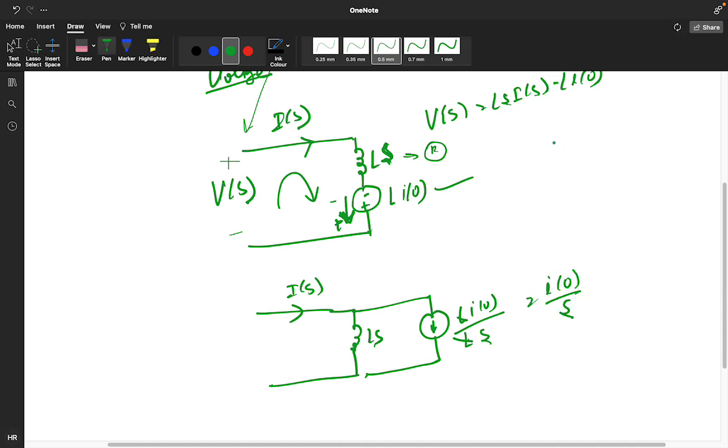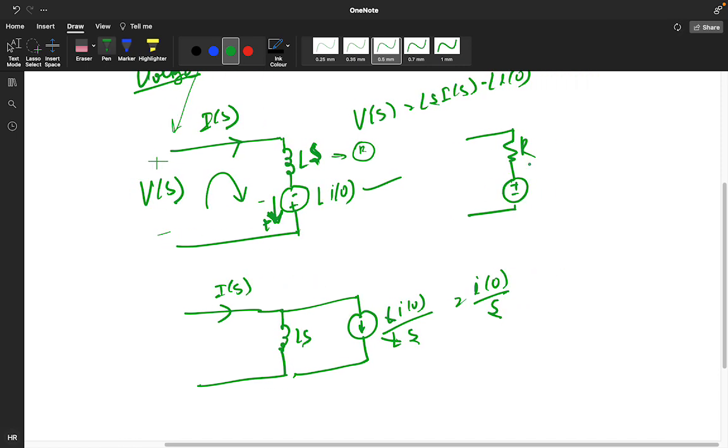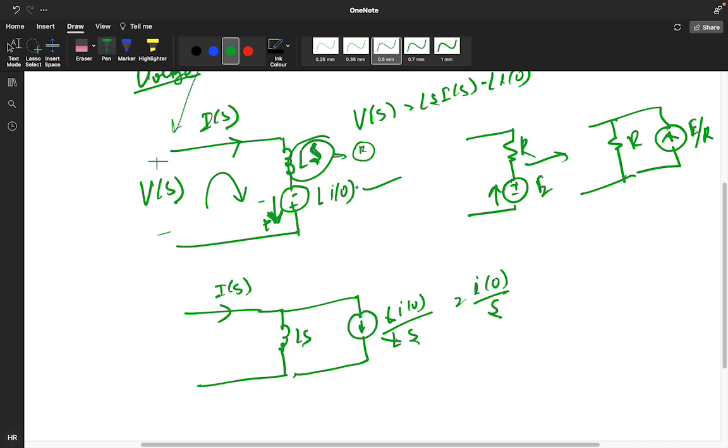Source transformation: if you are having positive and negative on this side and this is R, you can convert this circuit like R, and because the upside is positive, I have to make the arrow like this, and if it is E, the current will become E by R. So the same thing I did. This is like a resistor only, Ls.